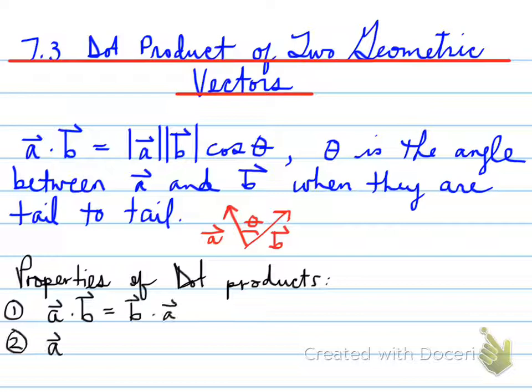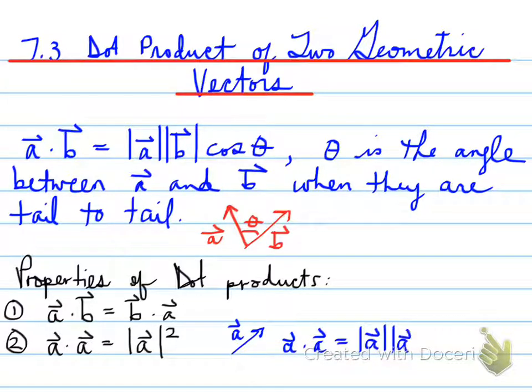A dot B is equal to B dot A. A dot A is equal to the magnitude of A all squared. Why is that the case? Well, if you think about vector A, and we do A dot A, that means we take the magnitude of A times the magnitude of A cosine of 0.